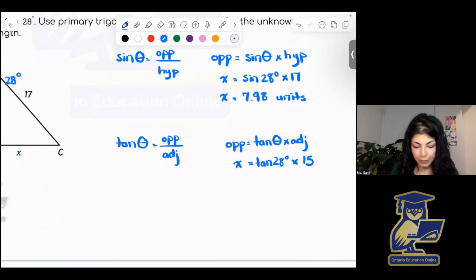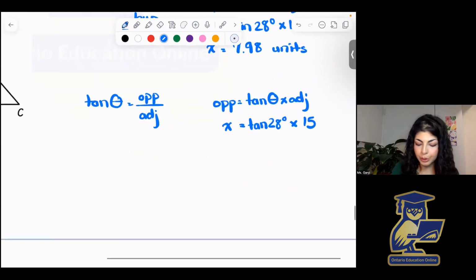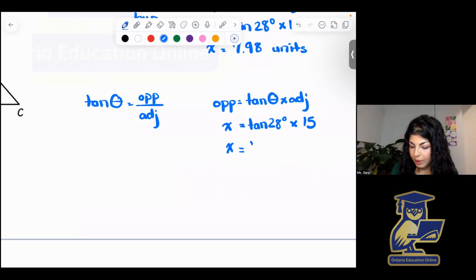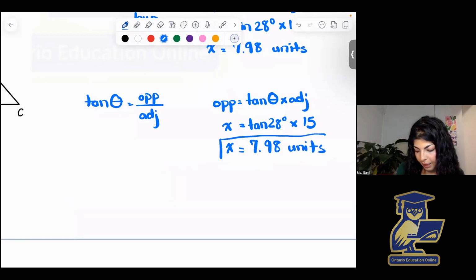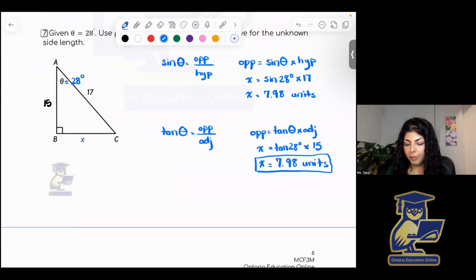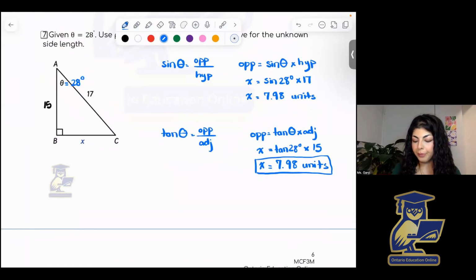So if this is now 15, and then we solve for tangent of 28 times 15, this will also produce x is equal to 7.98 or approximately 8 units. And so we can see that through either of these solutions, I was able to receive that same side length or measure of the side length.